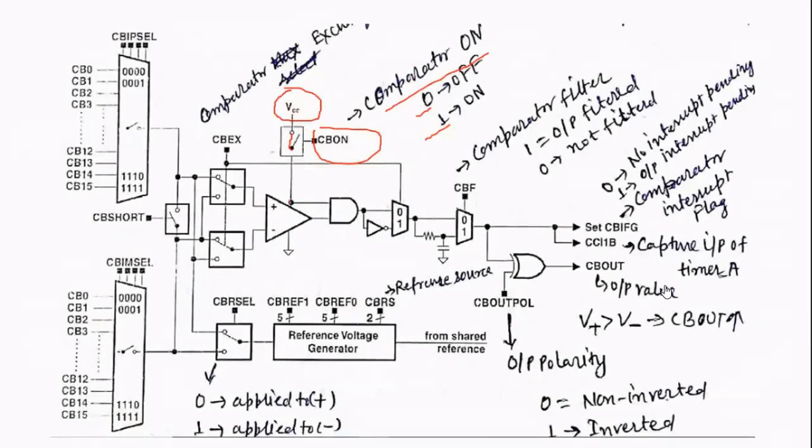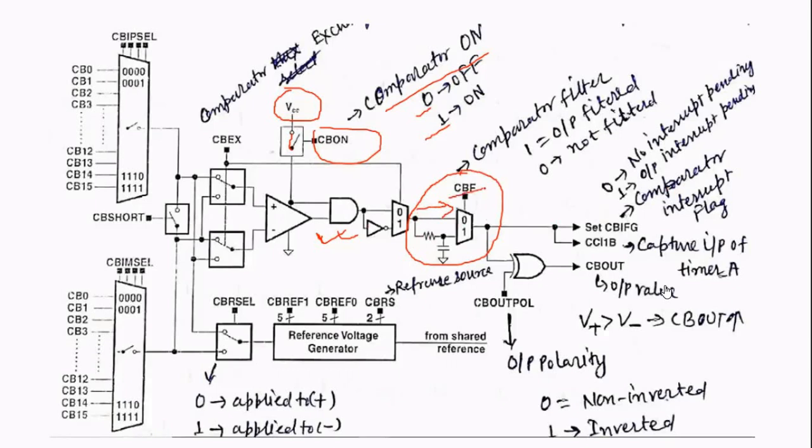Now, after getting the comparator input, you can get the comparator output. After getting the output, you have the output filter. You have two options: either you can send the direct output to the processor, or you can filter it and send that to the processor.